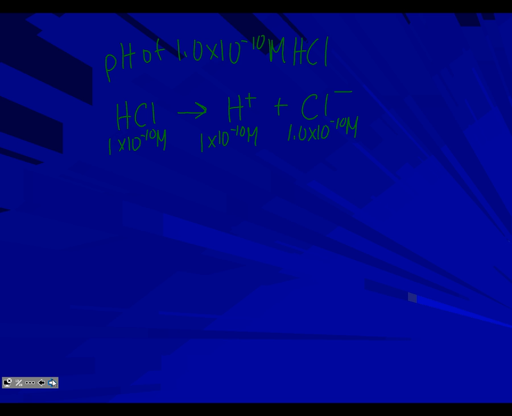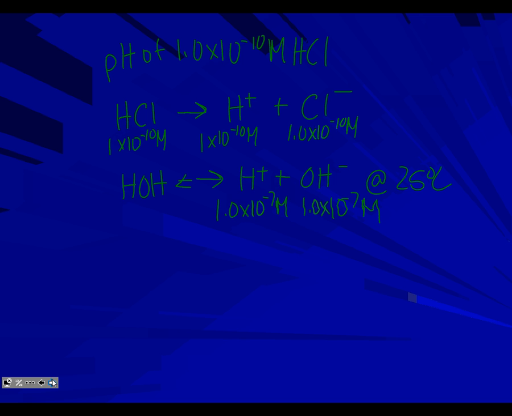Now, don't forget we also have water present. It auto-ionizes into hydrogen and hydroxide, and of course these are all at 25 degrees Celsius. At 25 degrees Celsius, we know both of these are 1 times 10 to the negative 7th molar.